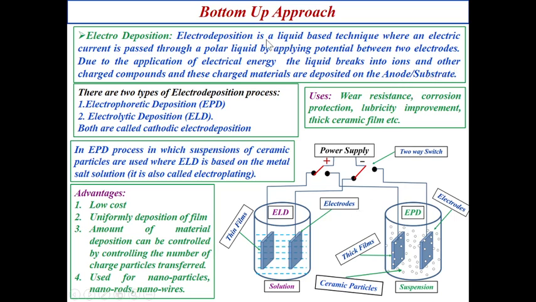There are two types of electro deposition process: electrophoretic deposition, that is EPD, and electrolytic deposition, that is ELD. In detail I am going to discuss, just wait. The uses of electro deposition are wear resistance, corrosion protection, lubricity improvement, thick ceramic film, etc.